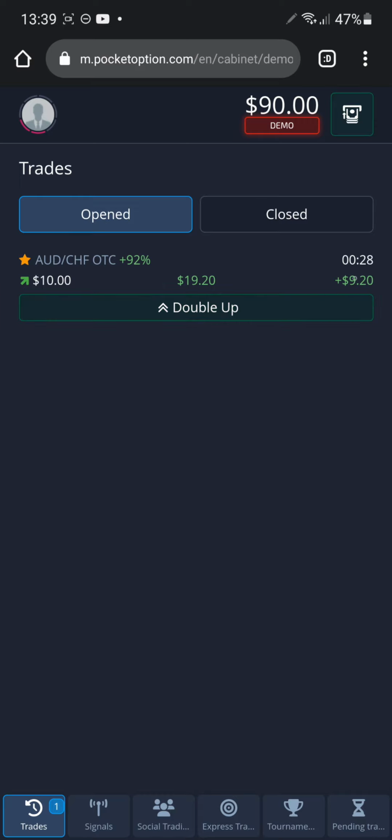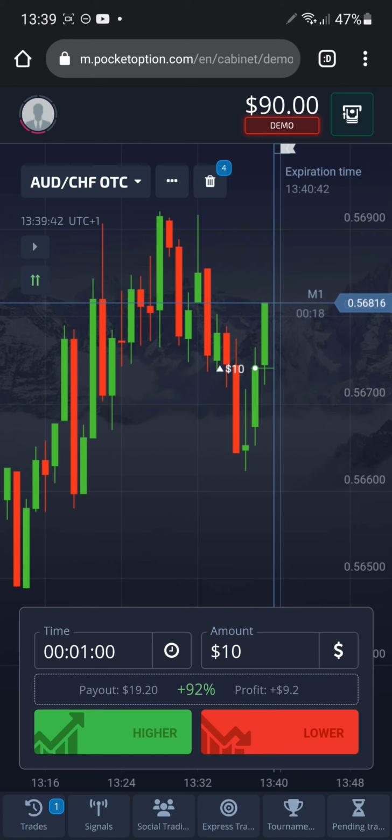Now this is the timer for the trade, so we have less than 30 seconds for the trade to expire. If you click on this trade tab again, it takes you back to the trade page.